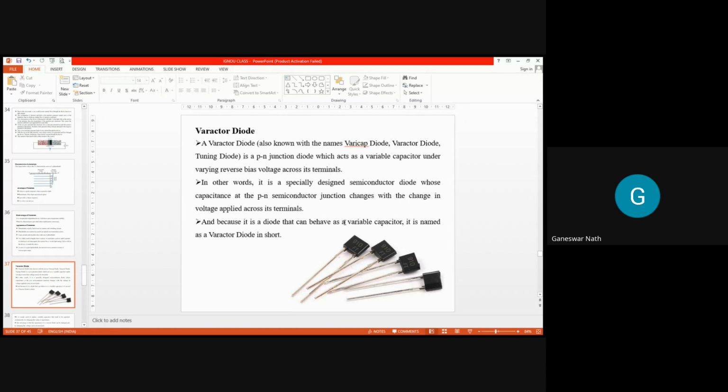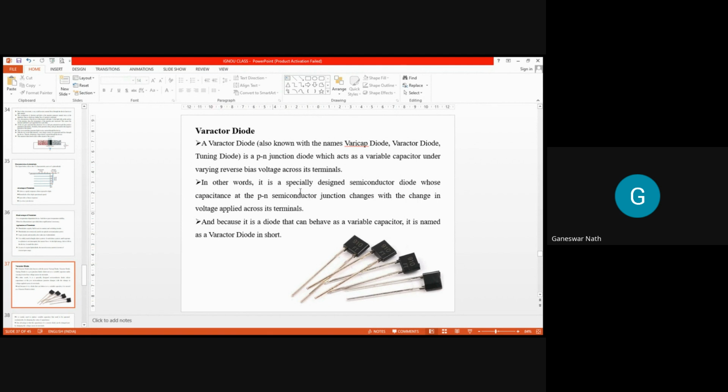So a varactor diode is known by the names varicap diode, varactor diode, or tuning diode. Okay, so these are called tuning diodes. It is also a PN junction diode and acts as a variable capacitor under varying reverse bias voltage across the terminals. Okay, so these are the terminals here.